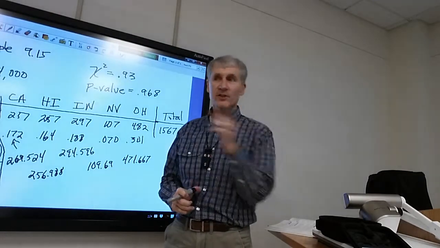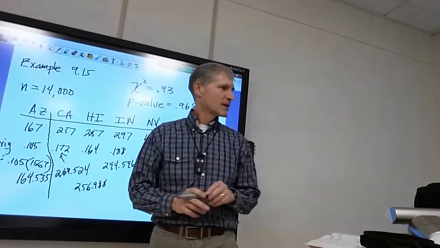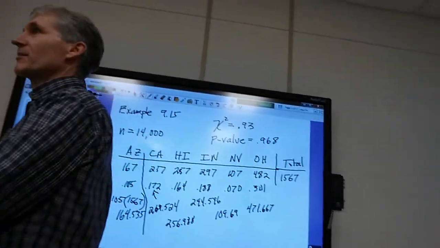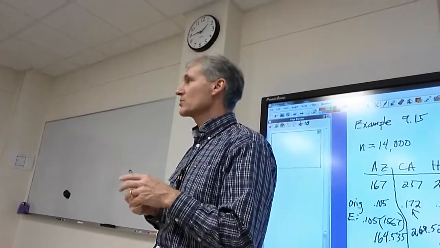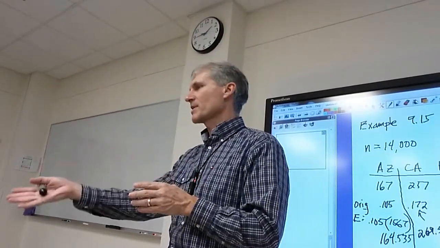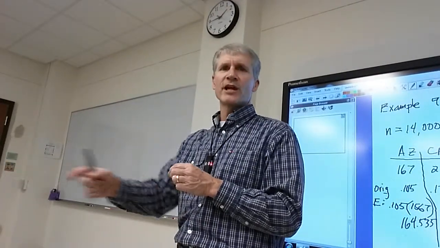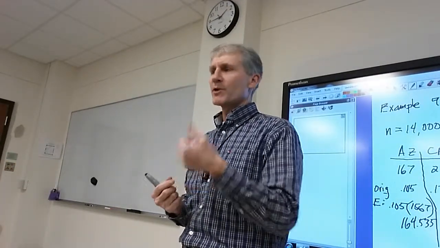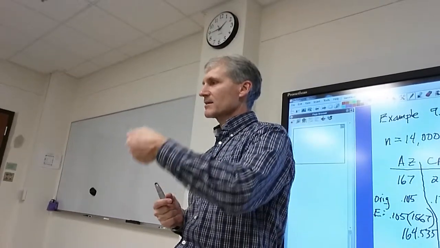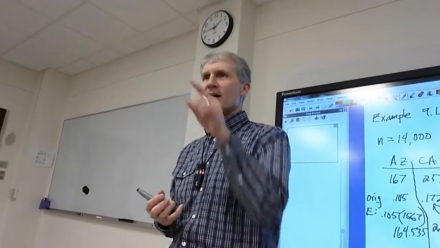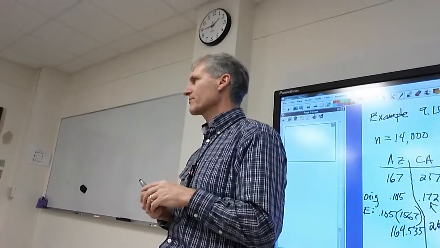Now, some of your calculators have a chi-square GOF test in them. Right? So I'm not going to teach you how to use that, but you can figure it out on your own. Not everybody has it; I don't think you do. He's got an 83, and the older 84s I don't think do either. But if you push stat, then tests, and go down, see if you have the chi-square GOF test.